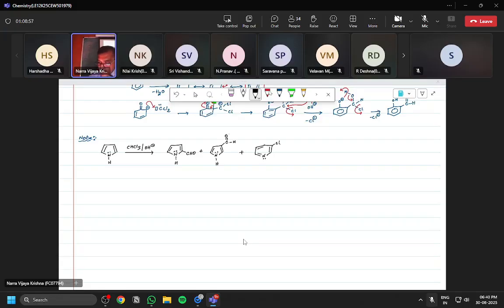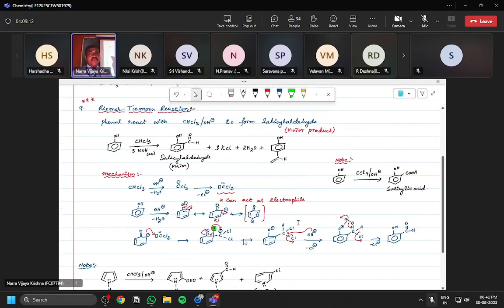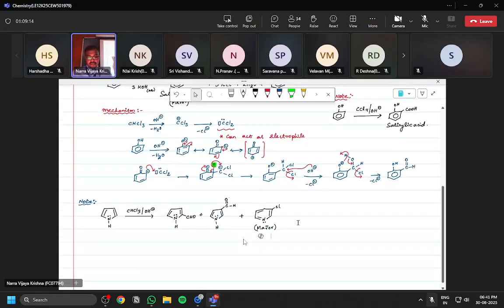So among them, which becomes major? This 6-membered ring becomes major. Reimer-Tiemann reaction. Any questions on this? Right? Here also, what is the intermediate? Carbene is the intermediate. Done? Any questions?